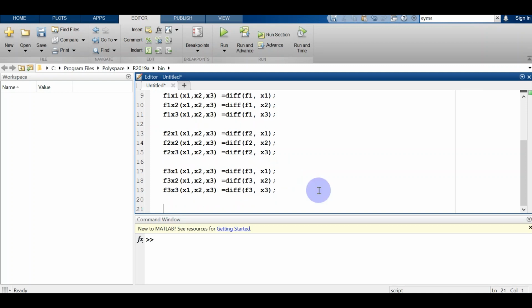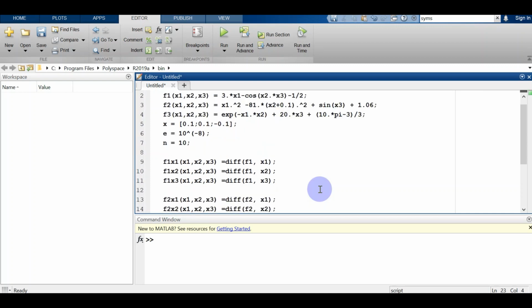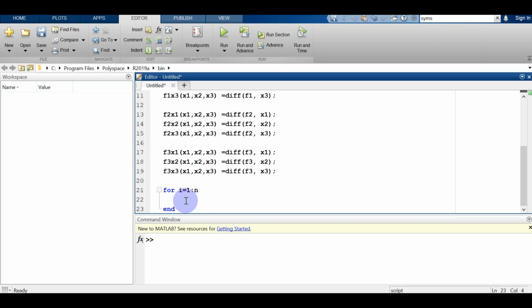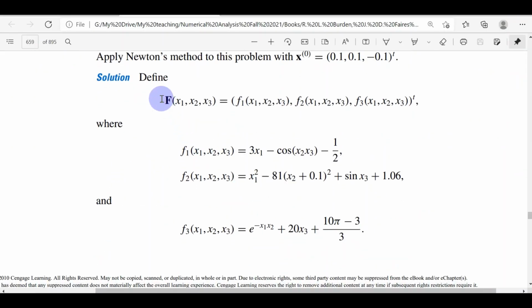Next step is to introduce the loop in which I am going to perform the iterations, for i varying from 1 to n, where n is the total number of iterations, which is 10, so it will perform 10 iterations. Inside the loop I will compute the Jacobian matrix on the current x values and then the capital F vector, at the current x1, x2 and x3 values.